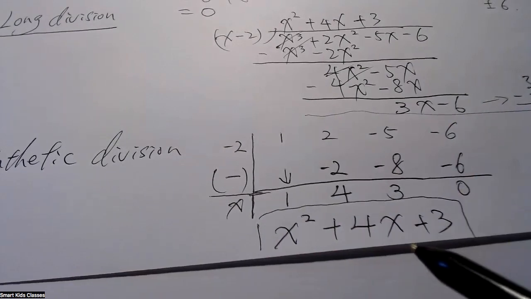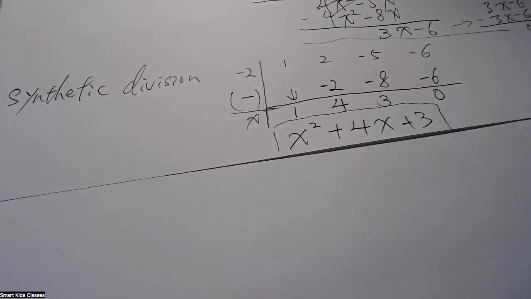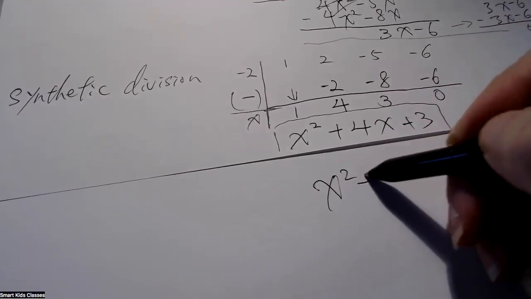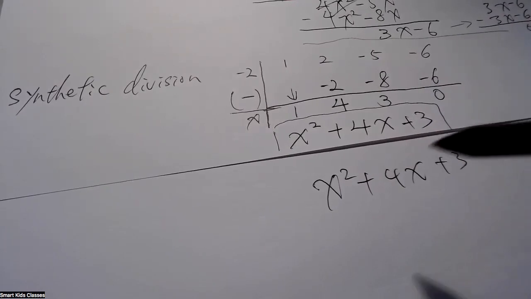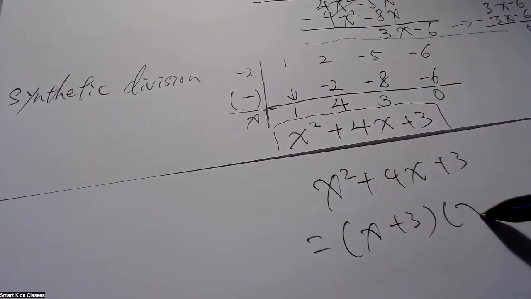Now from here, we're going to factor this quadratic. So I'm going to move it to the second page. x squared, plus 4x, plus 3. So we can make it x plus 3 times x plus 1.